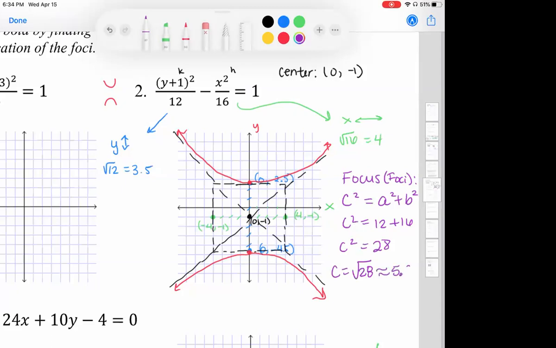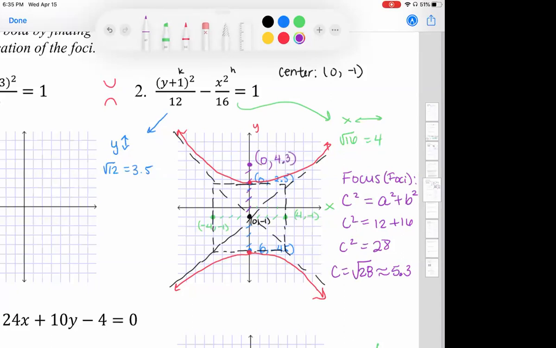About 5.3. All right, so from the center, we're going to count 5.3 units going along our hyperbolas, our graphs in red. So I have 1, 2, 3, 4, 5, and a bit more. That's a focus point. So that's at 0, comma, 1, 2, 3, 4, 4.3.